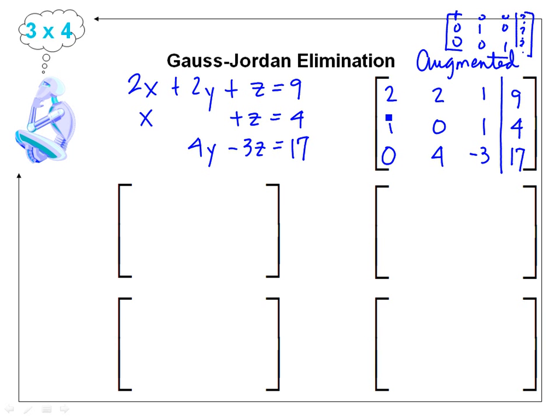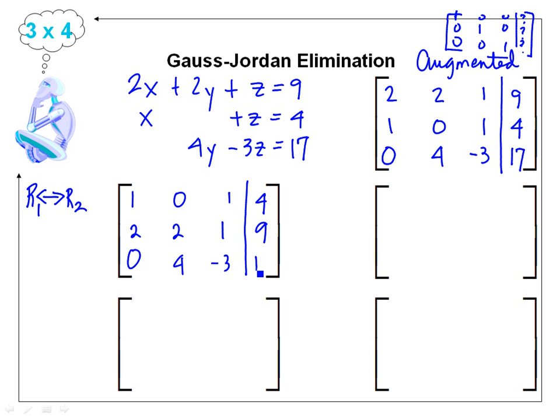Okay, so I'm going to swap row 1 and row 2. Row 1 swaps with row 2, and indicate swapping by the double arrows. So we have 1 now, 0 1, 4, 2 2 1 9, and 0 4 negative 3 17.